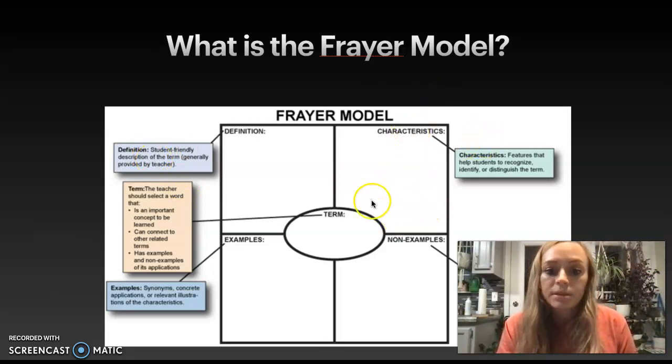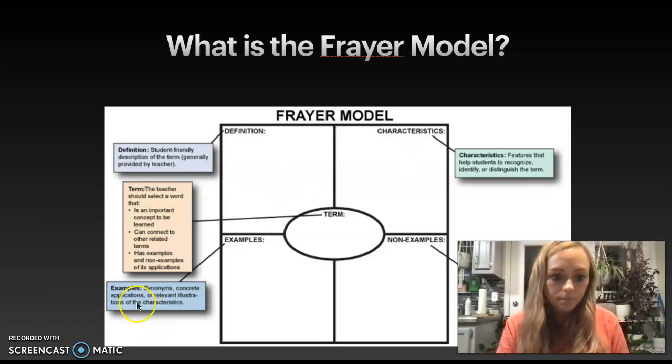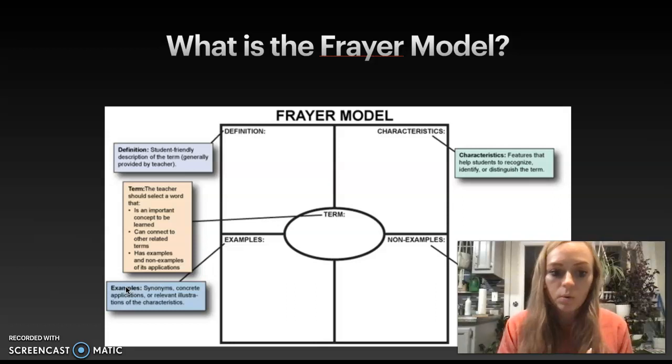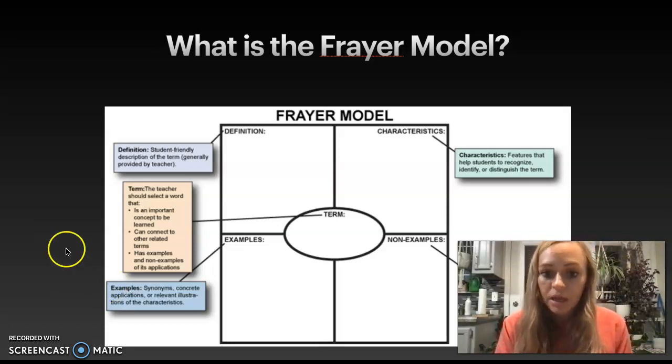Characteristics. They can create features that help students to recognize, identify, or distinguish the term. So this may be some things that would describe the word, words that they know. We'll look into examples about that in just a moment. Examples, you would come up with synonyms or even illustrations about the term.